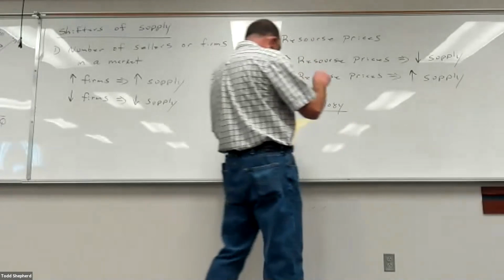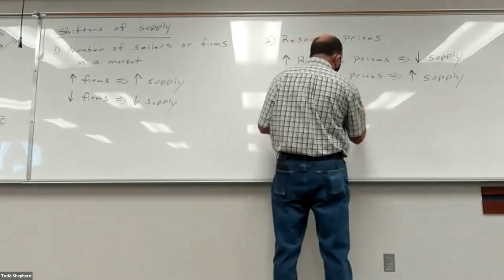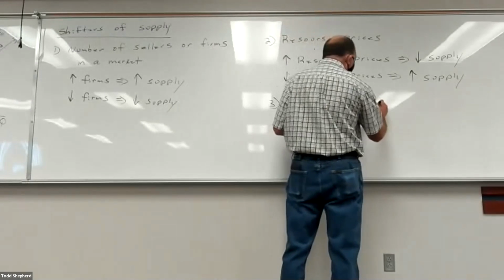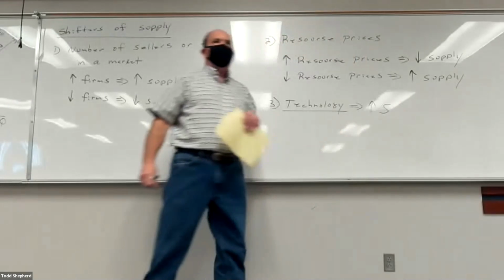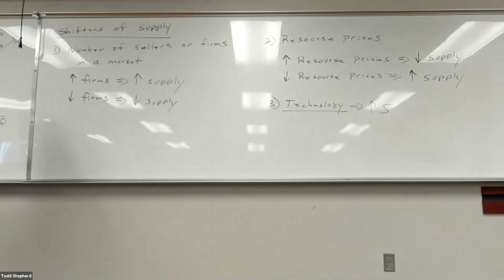Either you have it or you don't. So when you increase technology, you increase that supply curve, and it will shift out into the right. There's only one for that one because technology only increases, it never decreases.